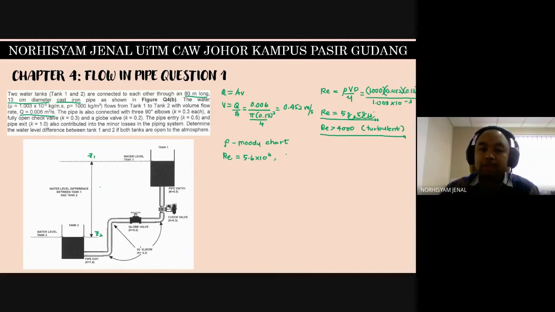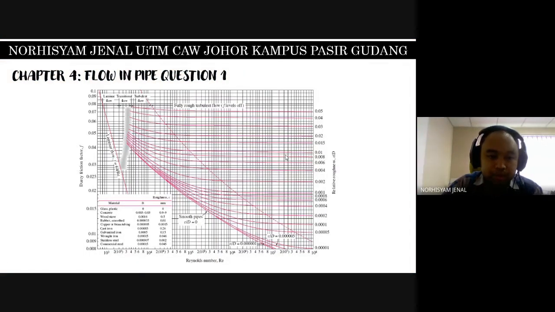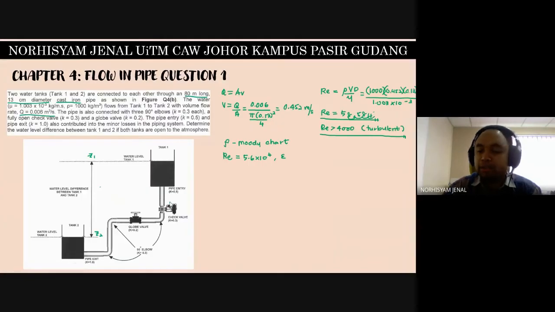Then the roughness we have to check from the table. This is cast iron, and cast iron is 0.26 millimeter. Please be aware that this is in millimeter.